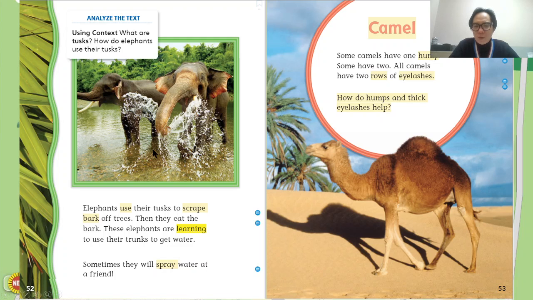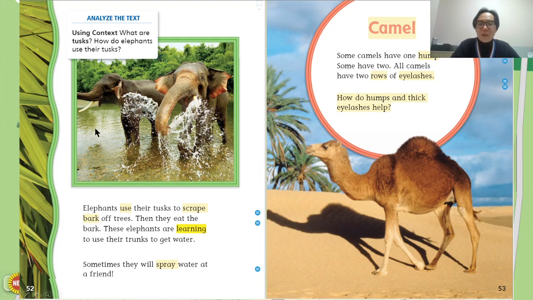But do you remember? What do they use their tusks for? Is it just for poking? They're long teeth, so are they for chewing? It says here, they scrape bark off trees. Remember I told you what it means to scrape? It means if there's something stuck on you, you use your nails and you scratch it off, right? So you scrape it off.